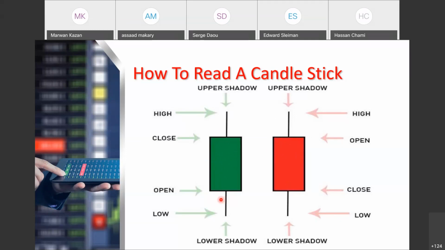Now, let's see how to read the green candle, which means that the price went up. This baseline over here is the open price, so the price opened over here. The upper one is the close, so the price closed over here. Since the close is higher than the open, the price increased today. Therefore, the candle will be colored green. But what about these lines, which we call shadows or wicks?